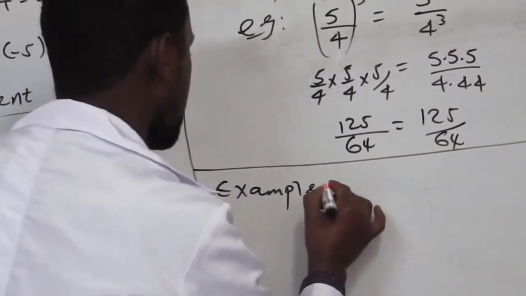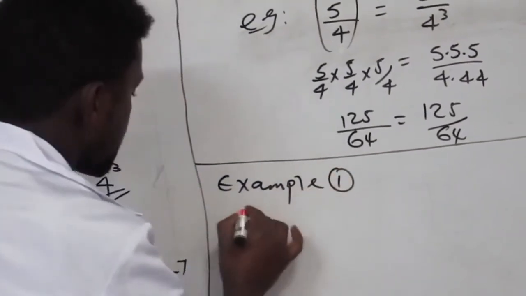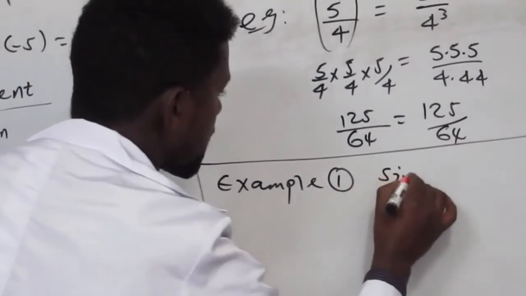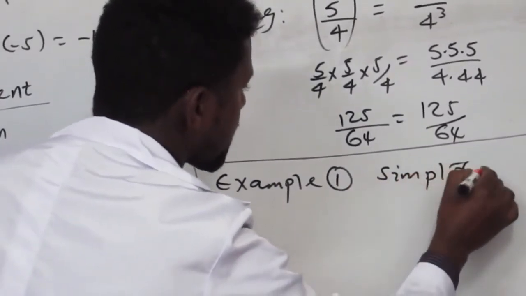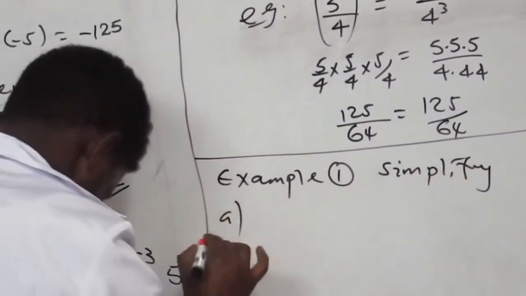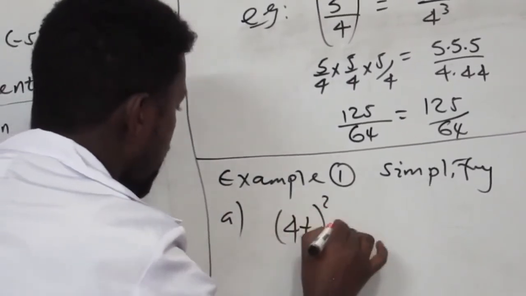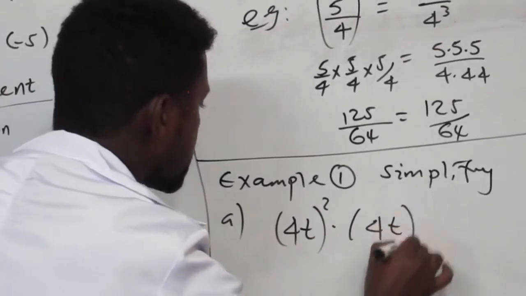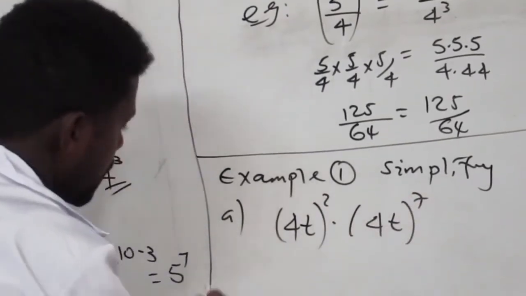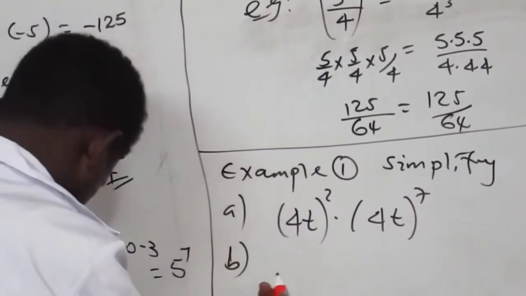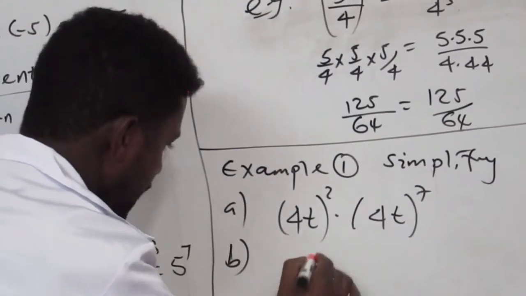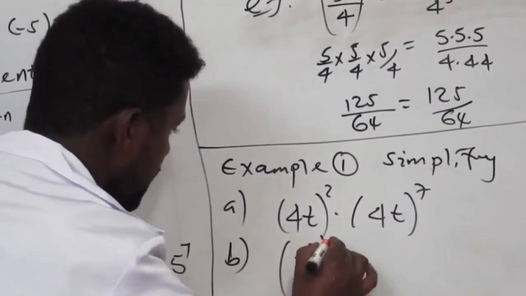Example 1. Simplify. A: 4t the whole squared times 4t to the power of 7. B: y to the power of 3, the whole to the power of m.